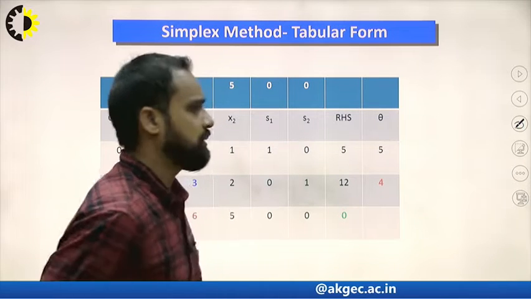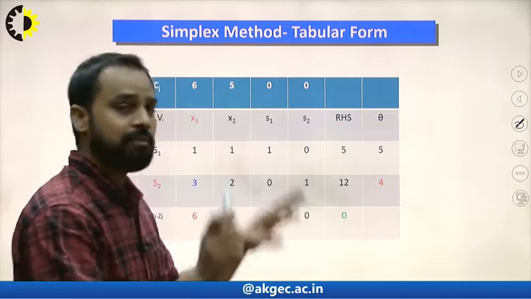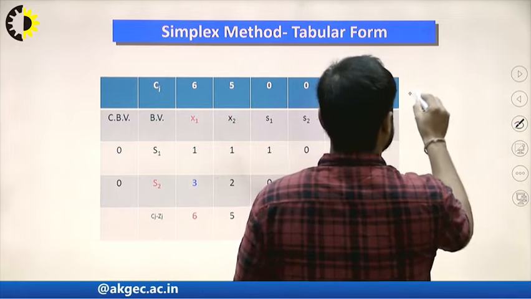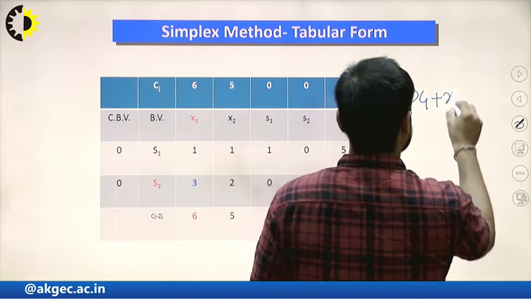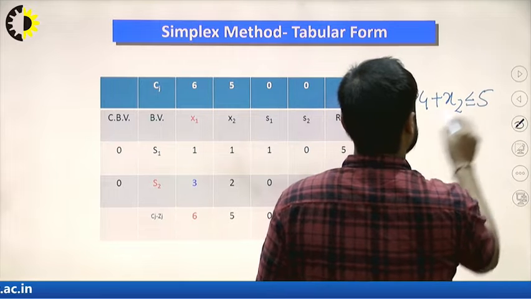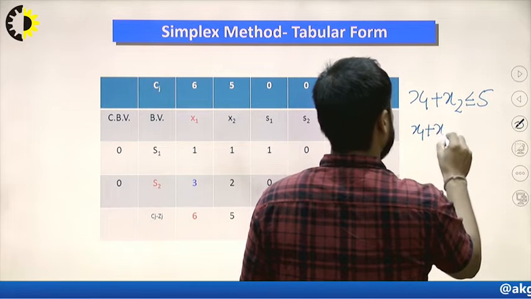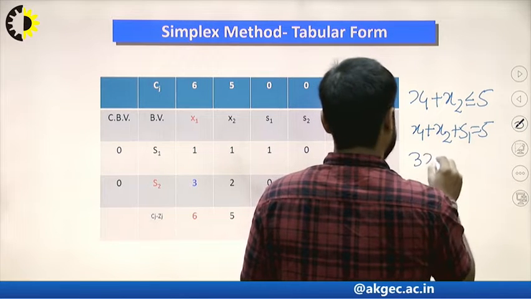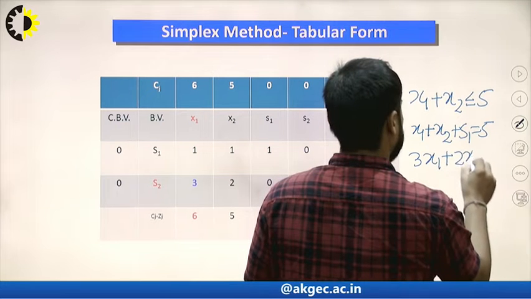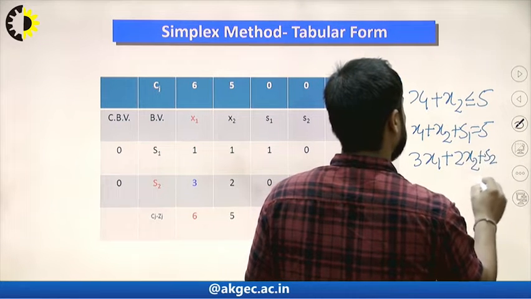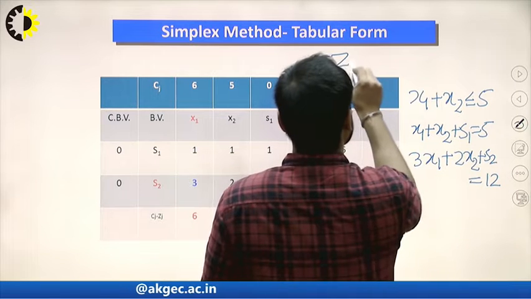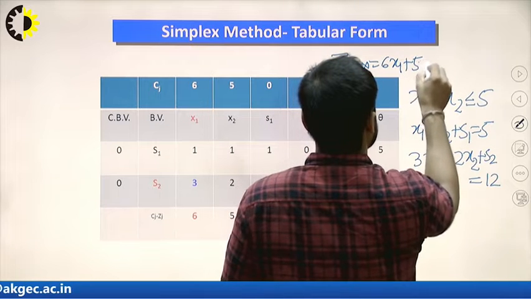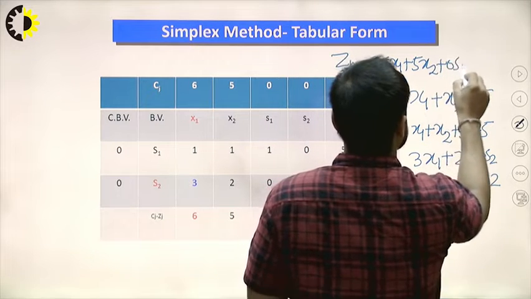How can we write the tabular form? Tabular form always starts from the initial basic feasible solution. So the problem with us is x1 plus x2 less than or equal to 5, and we will write x1 plus x2 plus s1 is equal to 5, and the second equation is 3x1 plus 2x2 plus s2 is equal to 12, and the objective function is 6x1 plus 5x2 plus 0 S1 plus 0 S2.